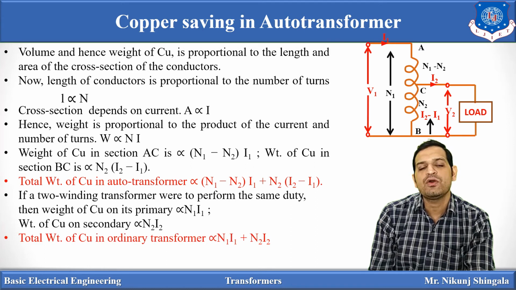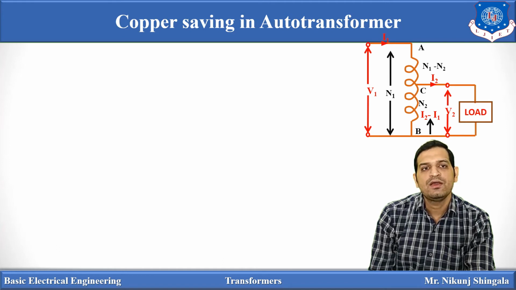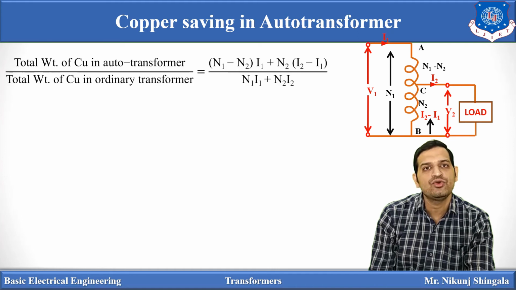So total weight of the copper in ordinary two winding transformer will be proportional to N1 I1 plus N2 I2. Now if you take the ratio of total weight of the copper in auto transformer and total weight of the copper in ordinary transformer, we get (N1 minus N2) I1 plus N2 (I2 minus I1) divided by N1 I1 plus N2 I2.